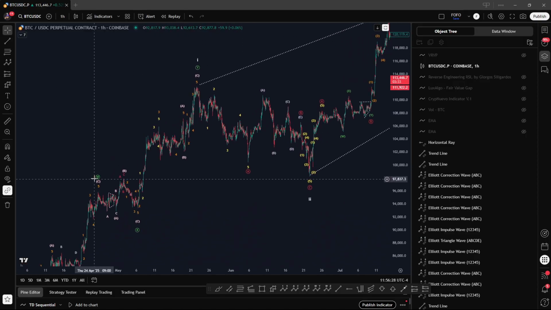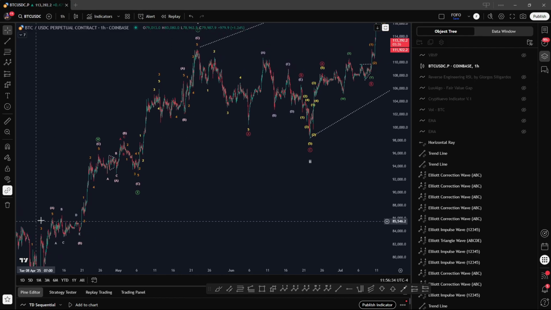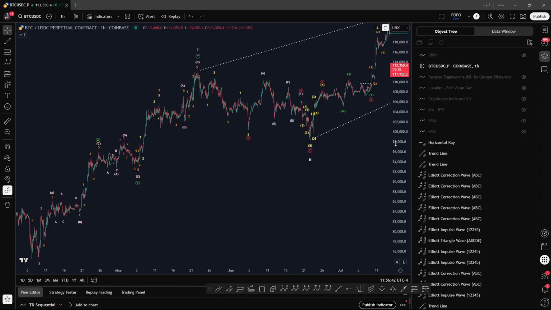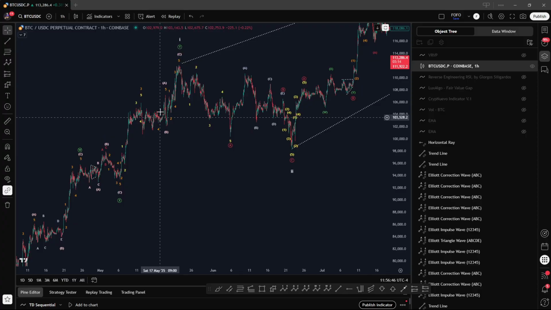The first wave being a double zigzag. And honestly, there's probably a way to make this a simple zigzag as well, if you really wanted to. You could, because you have the requisite amount of waves, it gets funny over here.